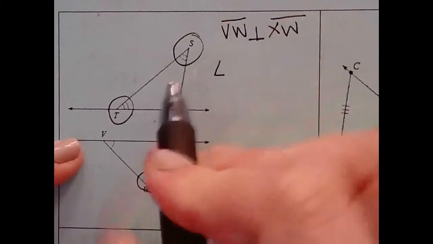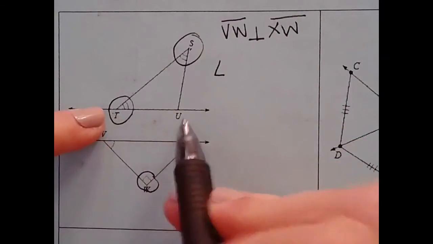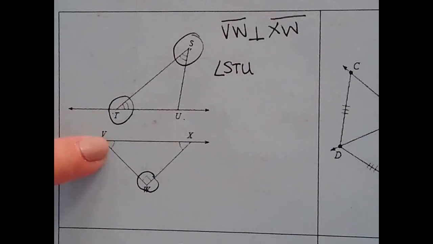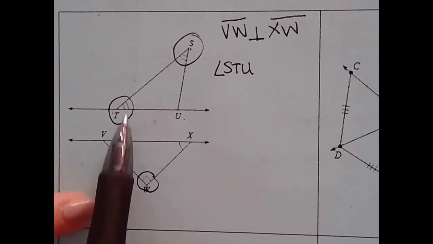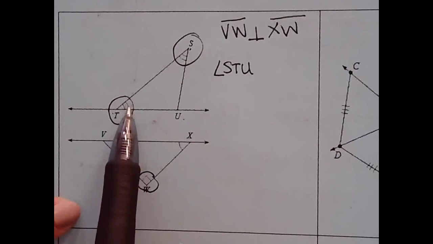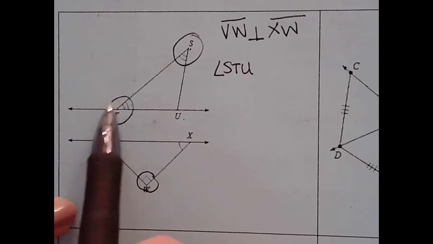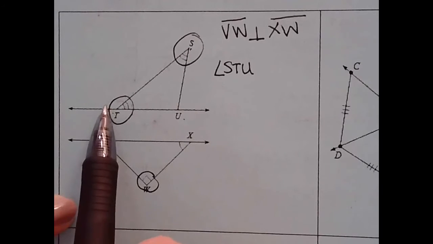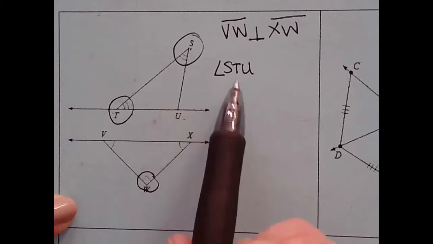I don't know if angle T is referring to this area or if it's referring to this area. Or someone that looks back at it later may not know. So angle STU is congruent to this angle up here, so S needs to be in the middle, UST.